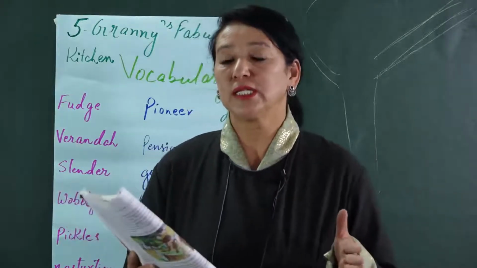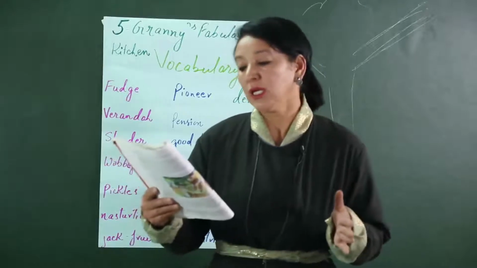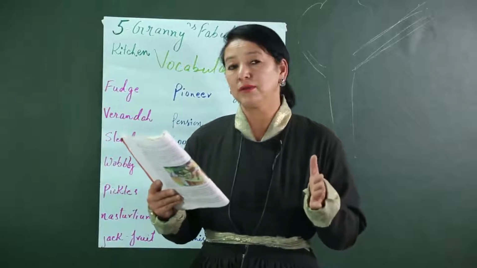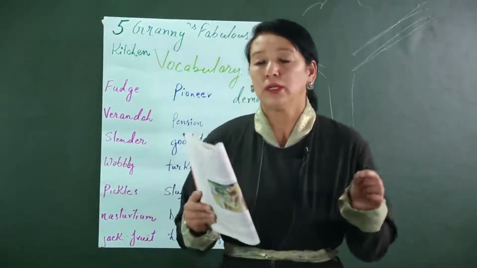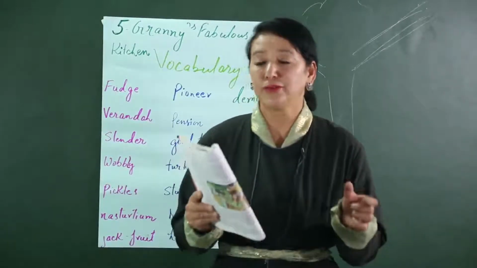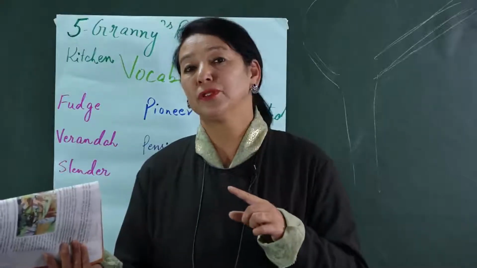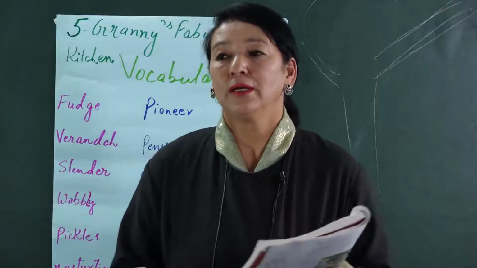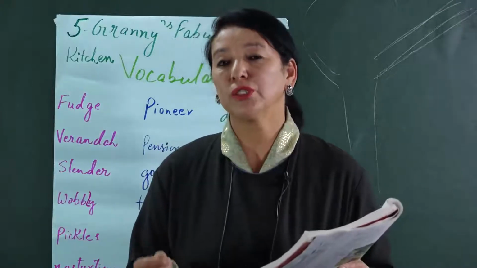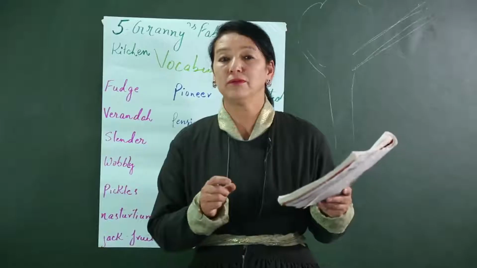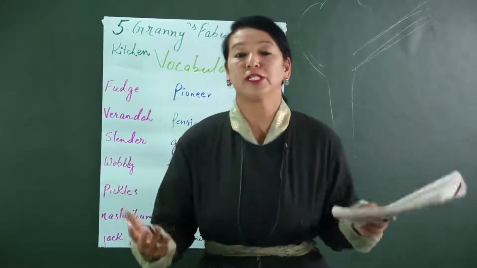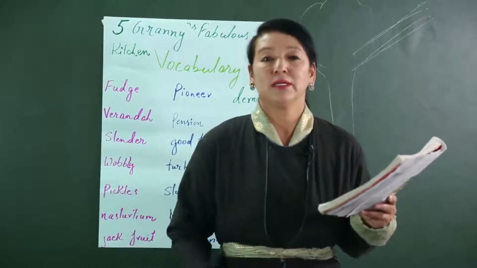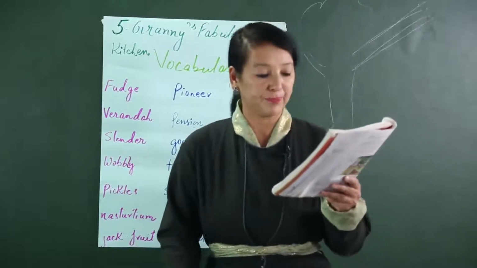Sometimes a small simple food can be transformed into a feast. The meal which Granny was cooking, that simple meal is converted into a feast, a big party. That tasty was what Granny was preparing.